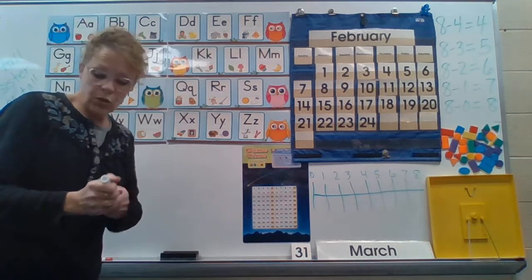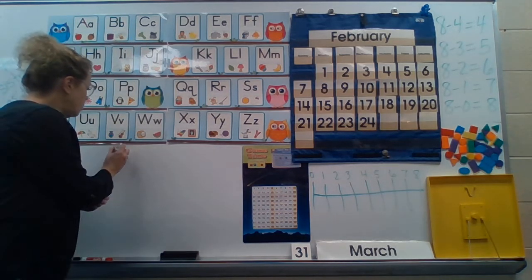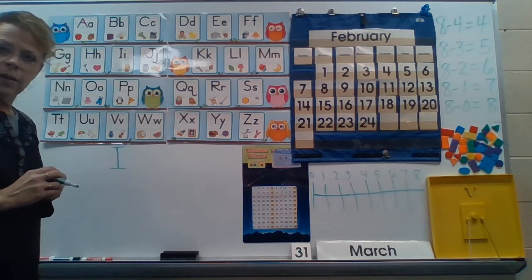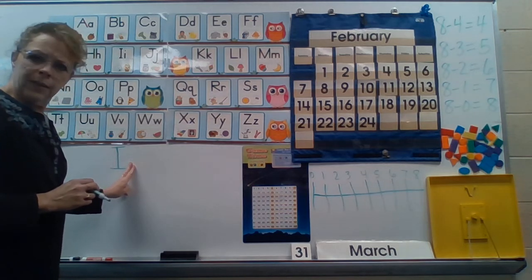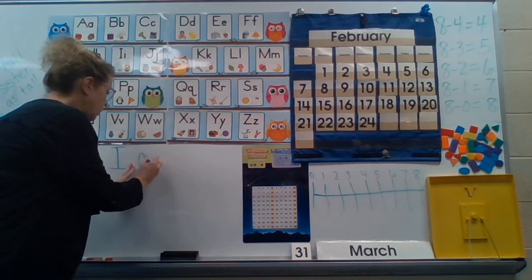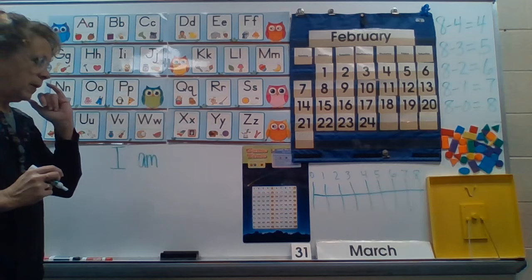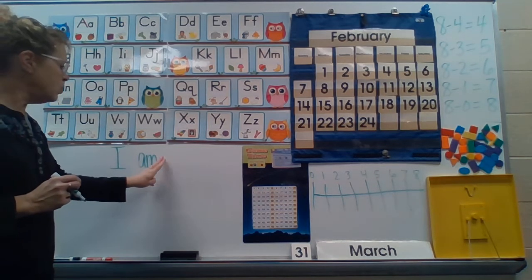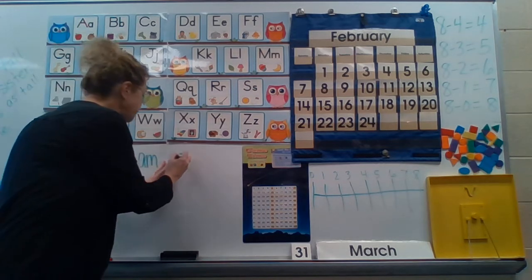You know what to do with that I. It gets a capital. Now we've had the sight word am before. A-M. I am. And then we're going to use our new sight word as, and it's just 2 letters, A-S.